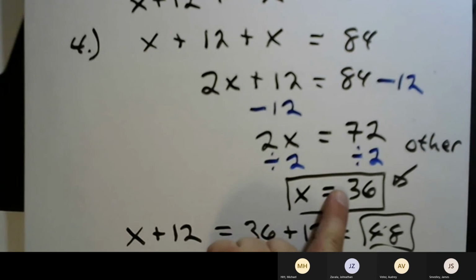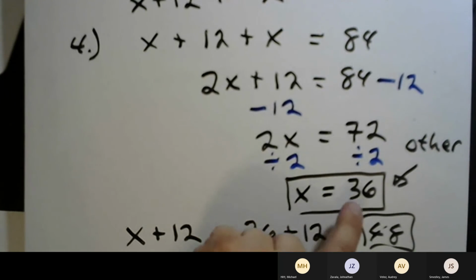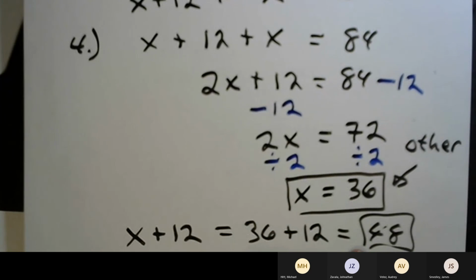So these weigh 36 pounds and 48 pounds. And if you think about step 5, that kind of makes sense. Now, if you want to check this, like for step 6, add these two together, you're going to get 84. And that's what the problem said we should get. If we take the sum of the weights, we should get 84, and certainly we do. So any questions about that?